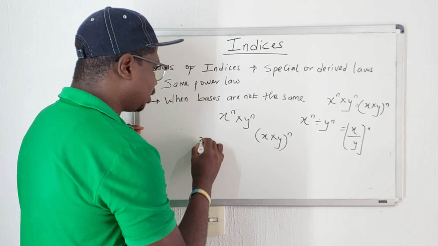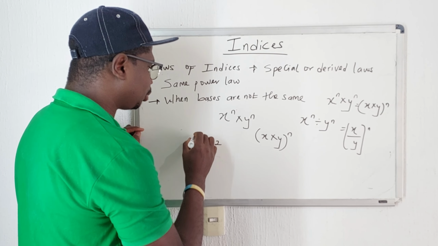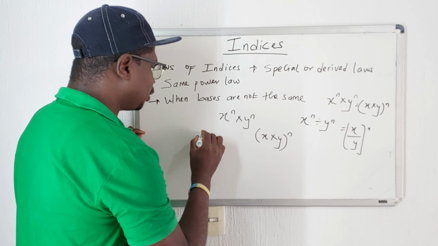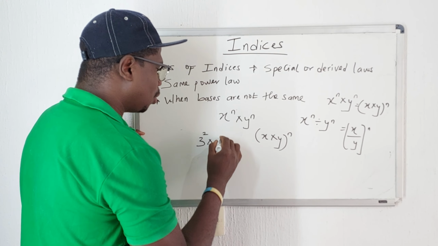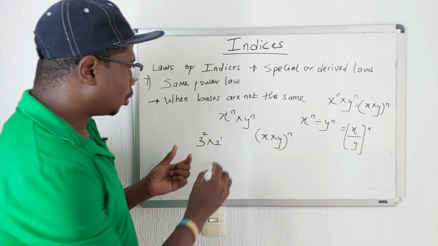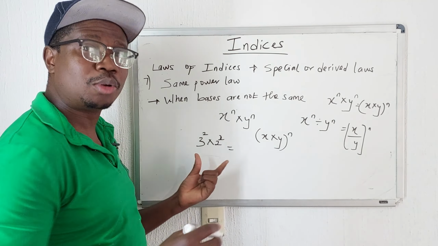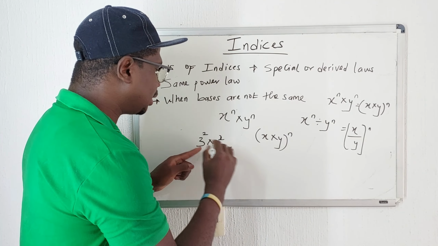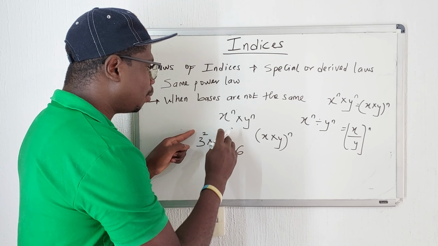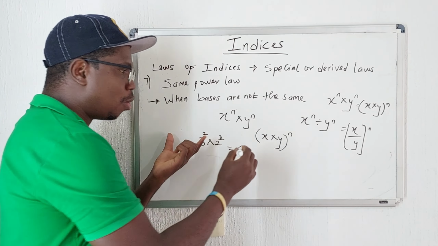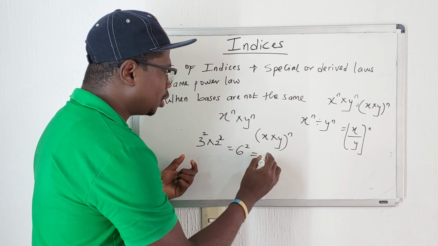For example, we have 3 raised to power 2 times 2 raised to power 2. The power must be the same. We multiply the bases, 3 times 2, 6. Then you just take one power because they are the same, which is what?